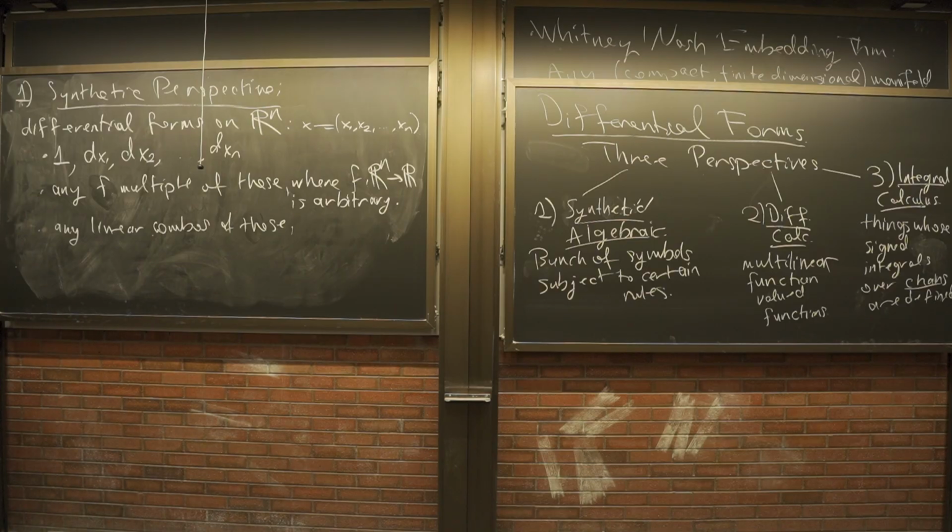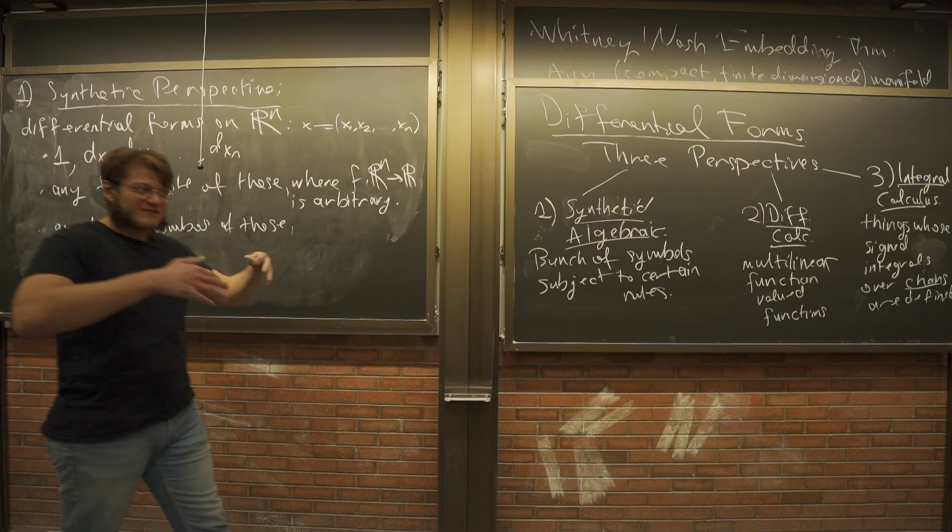But there's two more, okay? There's something called wedge product or exterior product. You get to take differential forms, two of them. You get to take their wedge product.